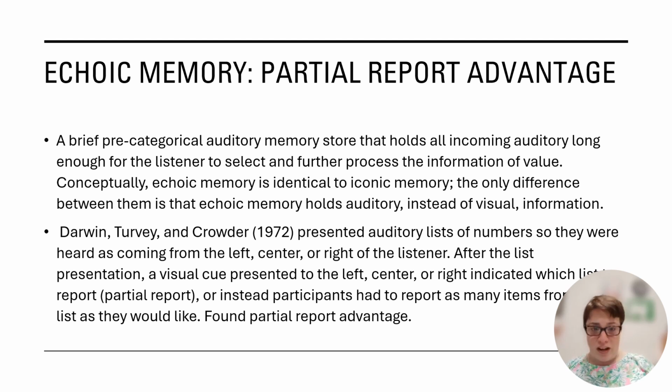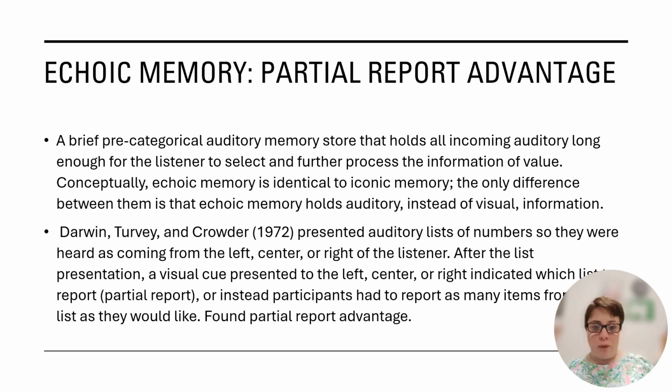So some studies of echoic memory have been very similar conceptually to studies of iconic memory. Researchers have presented large amounts of auditory information and then compared participants' ability to identify the items in the partial and whole report conditions.